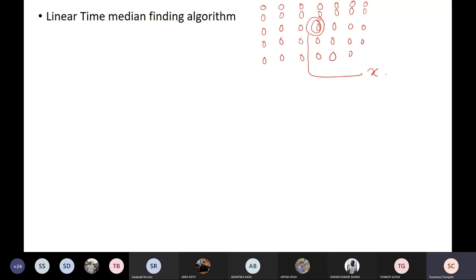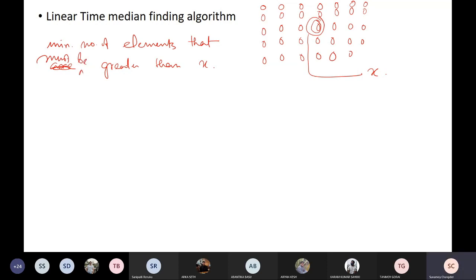Now think about that. What is the minimum number of elements that are greater than x? Let us find the minimum number of elements that must be greater than x.